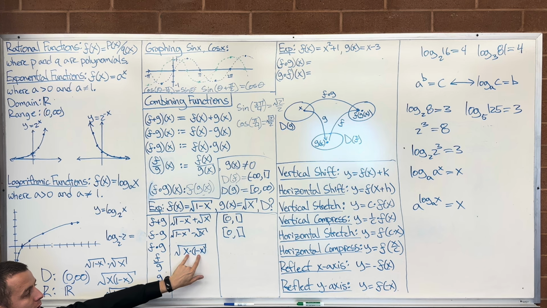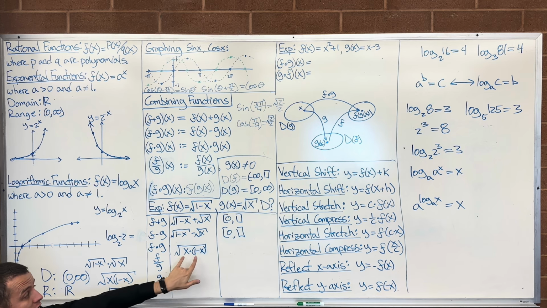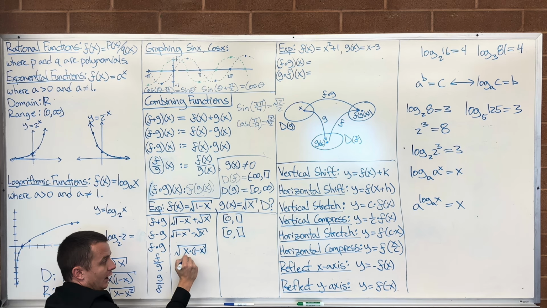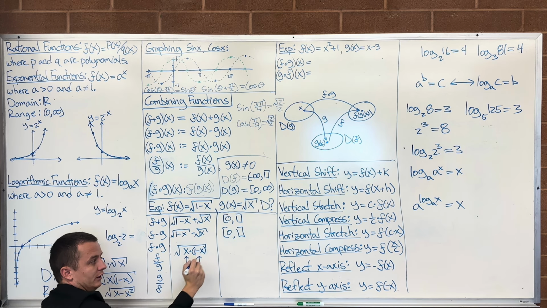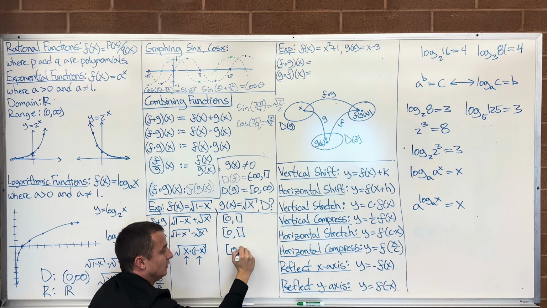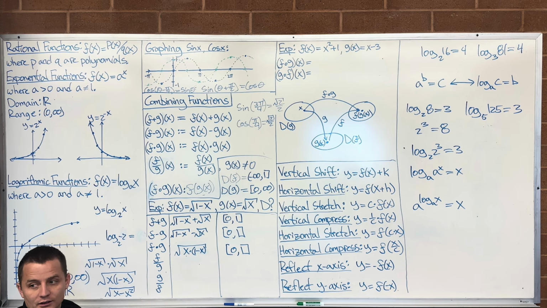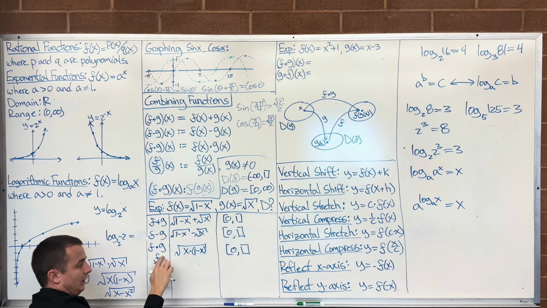Can you make any number that makes both negative? No, because whenever that's negative, this is positive. So you need them both to be positive. This is positive anywhere greater than or equal to 0. This is only positive between 0 and 1. So it's still the exact same thing.